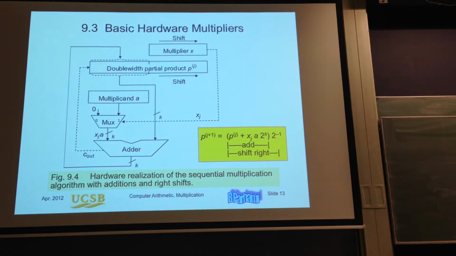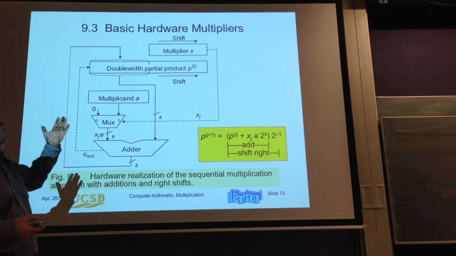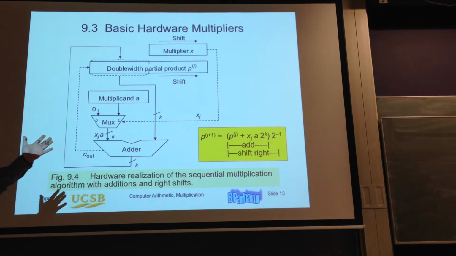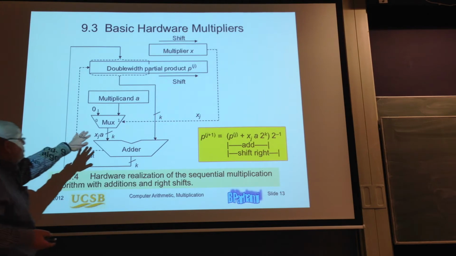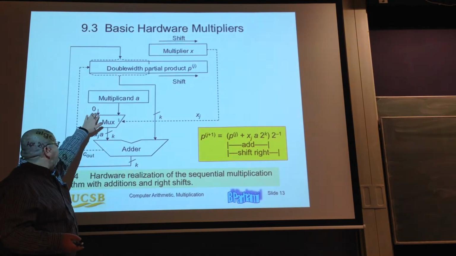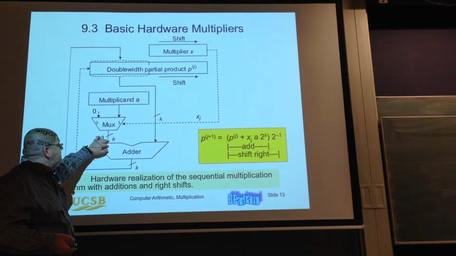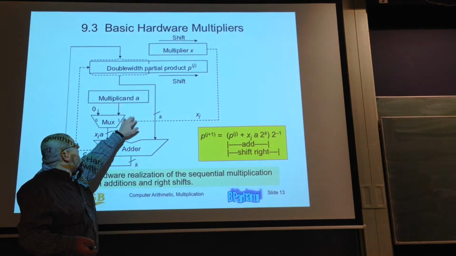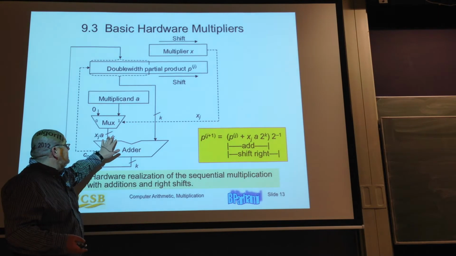What is happening? I'm scanning the multiplier X from the least significant bit towards the most significant bit. And I use that bit to control this multiplexer. When this bit is 0, I will just pass a 0 to the adder. When this bit is 1, I'll just pass A to the adder.